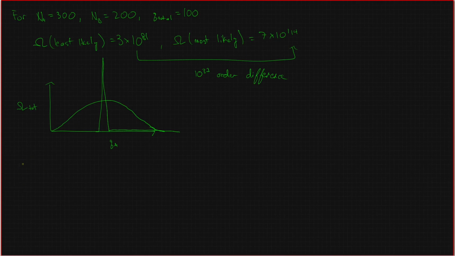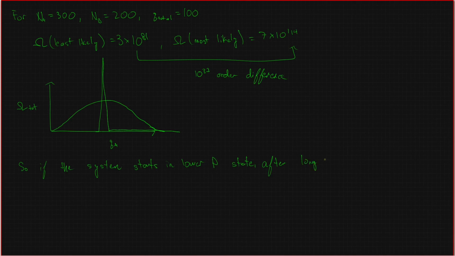So, knowing this now, what can we say? We can say if the system starts somewhere in the least likely state, in a lower probability state, and you wait a long period of time, you can pretty much guarantee that it is going to be somewhere in this area.